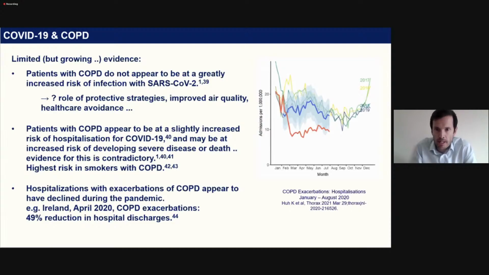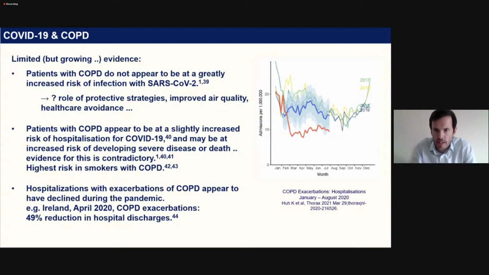Patients with COPD appear to be at a slightly increased risk of hospitalization for COVID-19 and may be at risk of developing severe disease or death, although the evidence for this is contradictory. The highest risk of severe COVID disease or death would appear to be in active smokers with COPD.